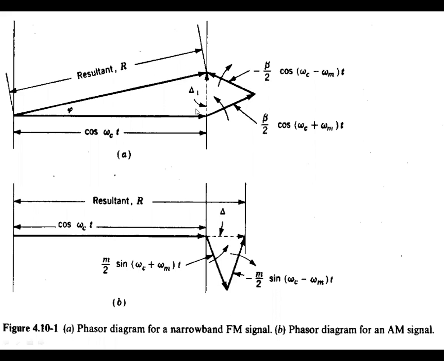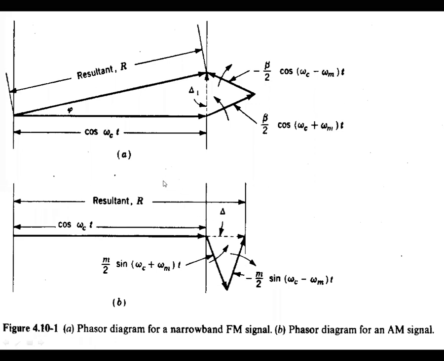So in narrowband FM, it produces a vertical delta 1, perpendicular to cos omega c t, whereas in AM the delta is horizontal, parallel to the carrier. So that makes the difference between the two.